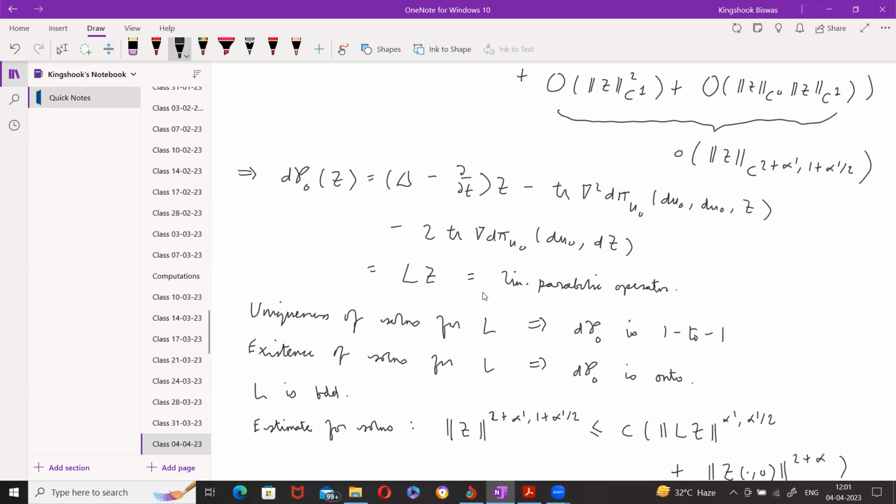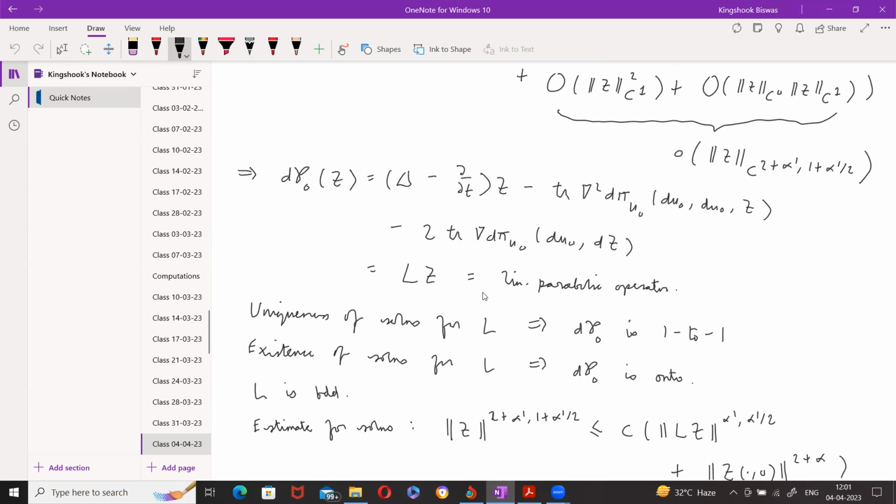So when I take Laplacian of z, it will be in the space alpha prime comma 1 plus alpha prime by 2, right? So that will be bounded in alpha prime comma alpha prime by 2. And similarly, if I take one space derivative, I'll be in the space 2 plus alpha prime comma alpha prime by 2. So that is contained in the space alpha prime comma alpha prime by 2.